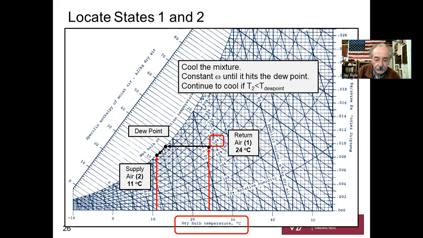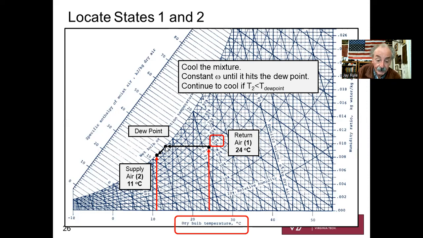And sure enough, now look, we're cooling down to 11 degrees C. Well, look at the dew point temperature. The way we measure the dew point temperature is over here where it says wet bulb or saturation temperature. So you can see with your eyes here that we're about 13 degrees C. 13 degrees C is the dew point here, okay?